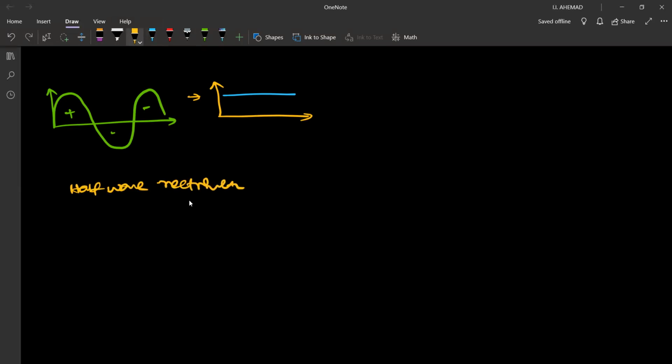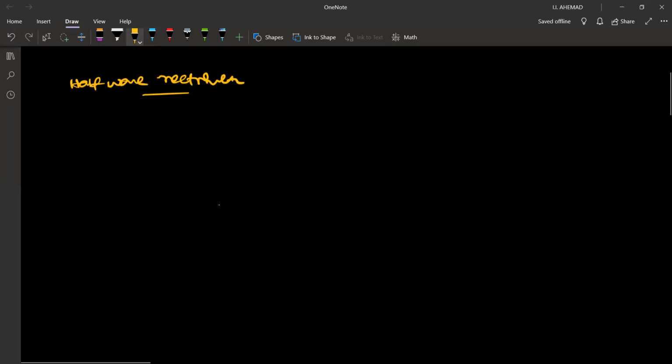Let's check half wave rectification. In half wave rectification, we have a very simple setup: a diode, and then a load resistor, and the input.